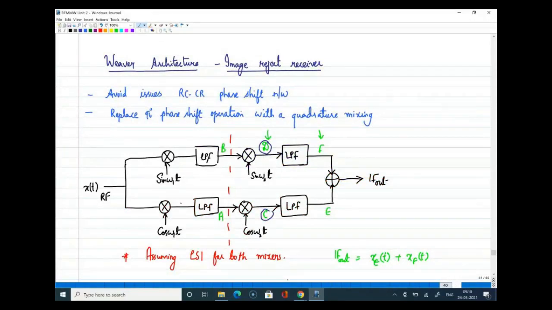For that 90-degree phase shift operation, instead of using an RC-CR, the Weaver architecture employs one more stage of mixer, or one more quadrature mixing. So the architecture is extended by adding one more set of mixers followed by low pass filters. Finally, you combine the signals at the output of the two low pass filters suitably to retain the signal and cancel images.